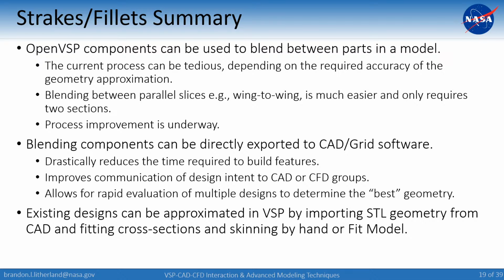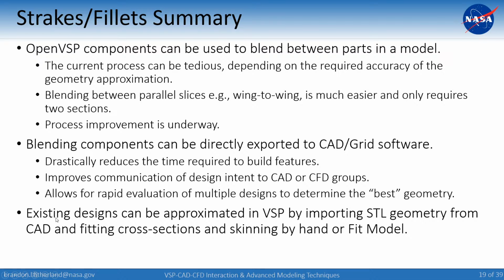But if you're doing things like blending between parallel slices or a wing to wing or a wing to a body, you can get something like, say, a glove and bat blend between a wing and a transport fuselage pretty darn easily. And blending these components can be directly imported to either your CAD or your grid software.